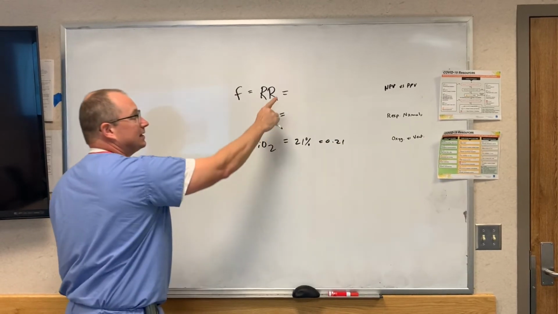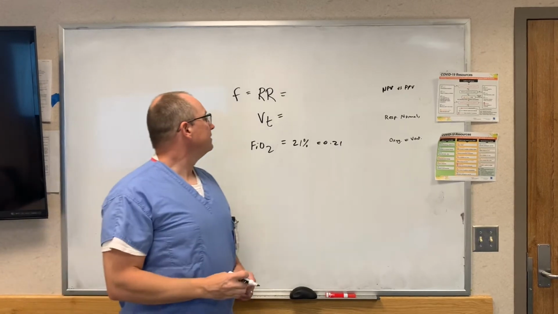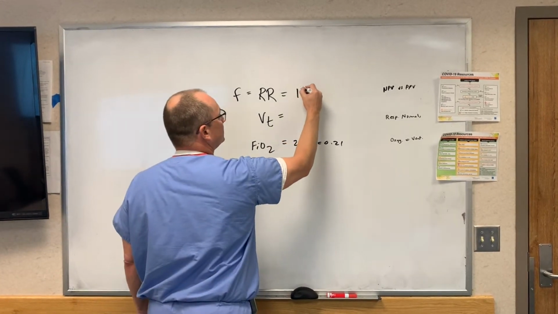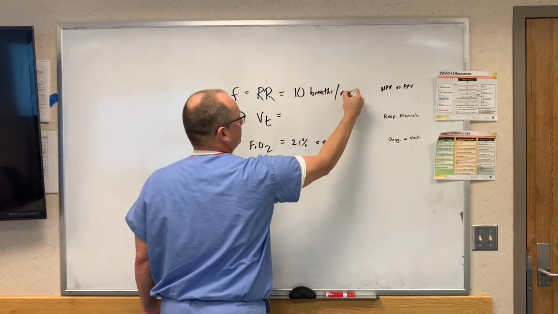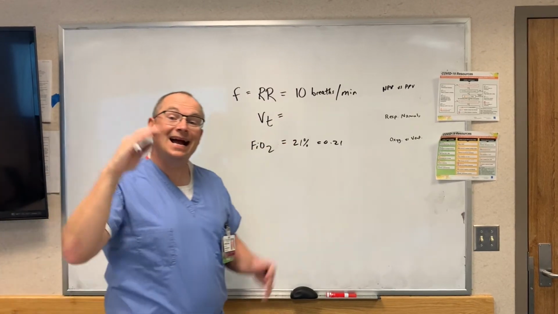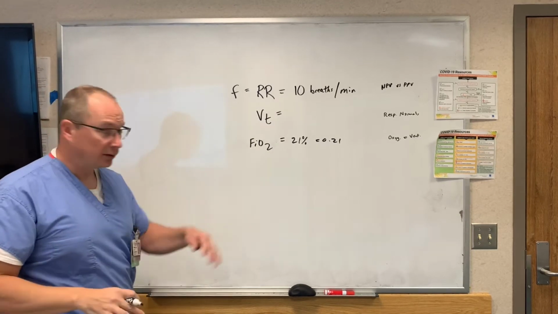Now when we come over here, we take a look at our respiratory rate, probably somewhere between 10, 11, 12 breaths per minute. For easy math, let's say 10 breaths per minute. And probably a tidal volume, depending on your height, because the lungs are a little bit larger for taller people.